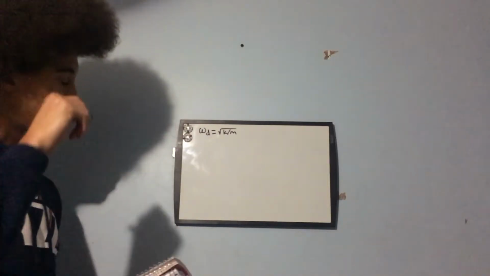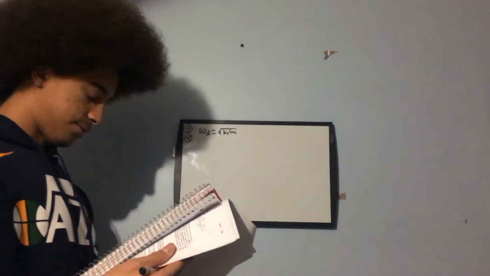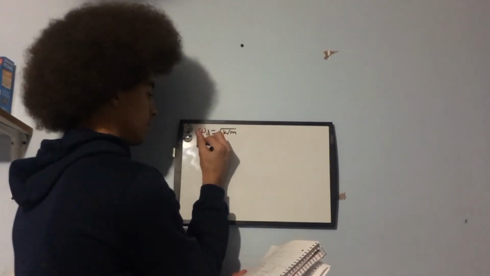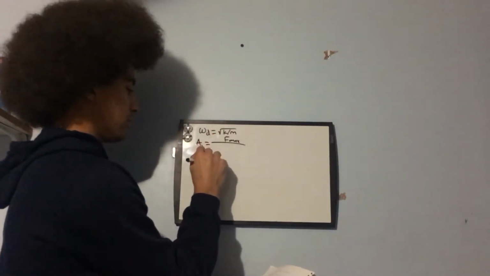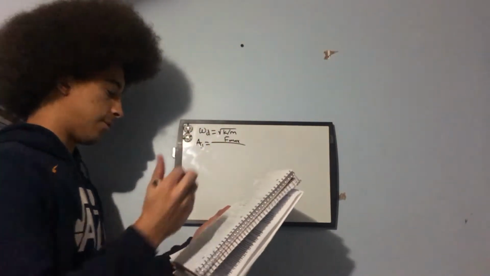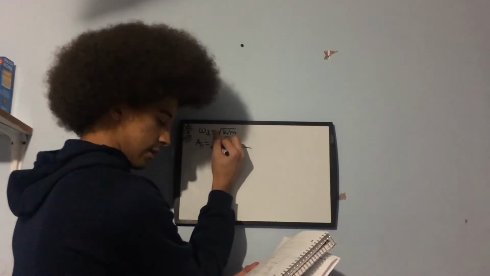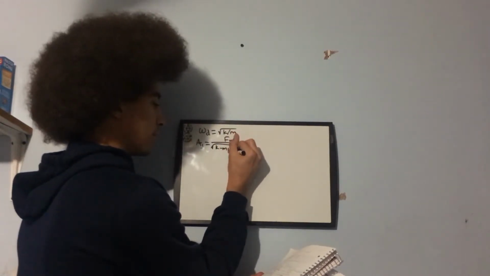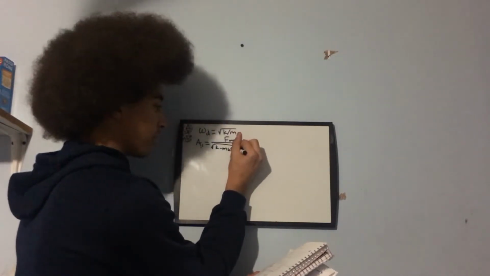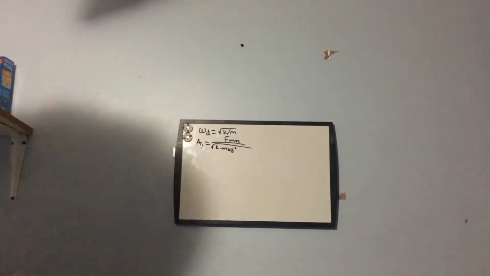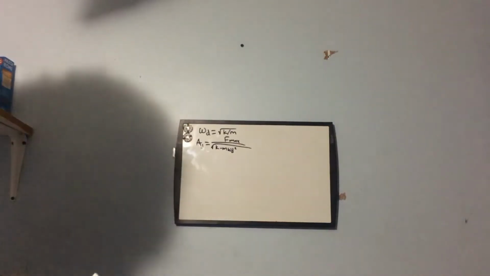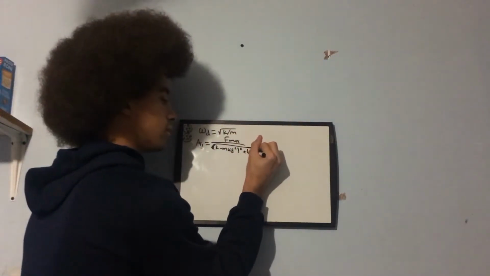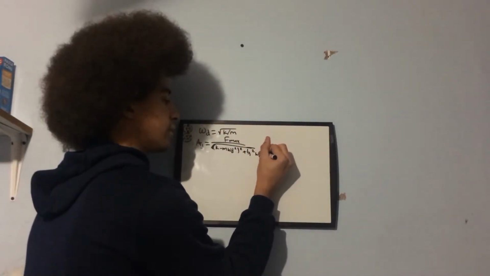So the equation for amplitude with this problem, with the damping force, is A1 equals F max over the root of (K minus m omega D squared), and this whole thing squared, plus B1 squared times omega D squared.